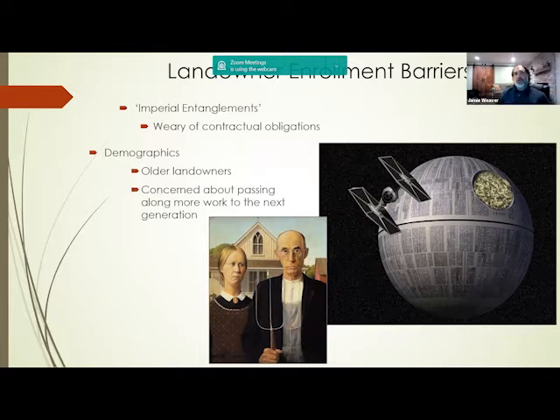And then another interesting thing, which is certainly not unique to Maryland, is that there are demographics at play here. So I work with lots of older landowners that are very aware of their mortality or their longevity as agricultural producers.